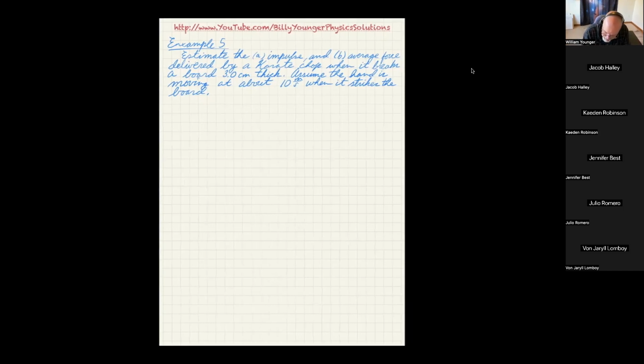All right. This one's a little more complicated because we actually do have to make some assumptions. I will explain those as we go. So here's our solution. First off, I've got to tell you what impulse is. If you look at Newton's second law, the summation of forces is equal to dp dt. Again, that's really how Newton wrote it.